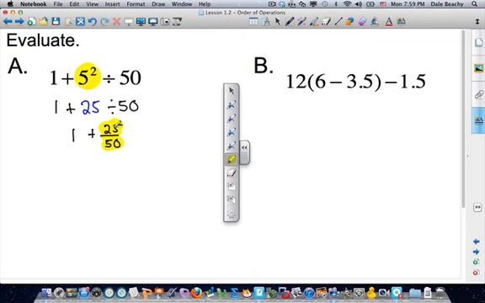Well, we see that 25 goes into 50 twice. So we can cancel the 25 to a 1 and the 50 to a 2. So that gives me an equivalent fraction of 1/2. So now I've got 1 plus 1/2. Now, when we're adding a whole number to a fraction, we can simply combine them. So we can say the answer is 1 and 1/2.